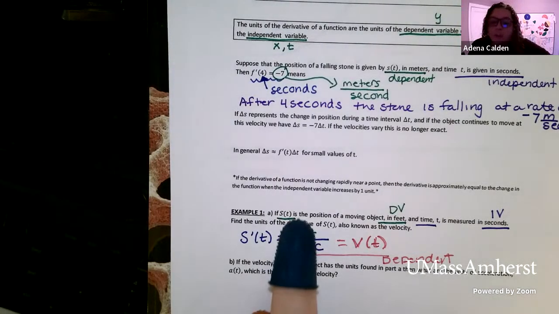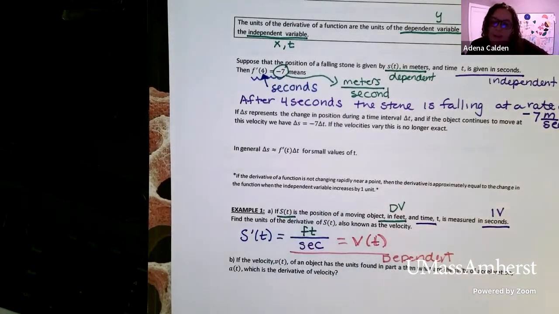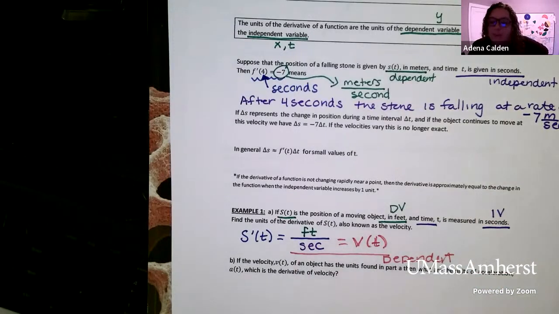So what's changing from part A to part B is the dependent variable. In part A, the dependent variable is position. In part B, the dependent variable is velocity. What doesn't change, however, is the independent variable. So the independent variable is going to stay the same no matter how many derivatives you take. We are always measuring this in terms of time.